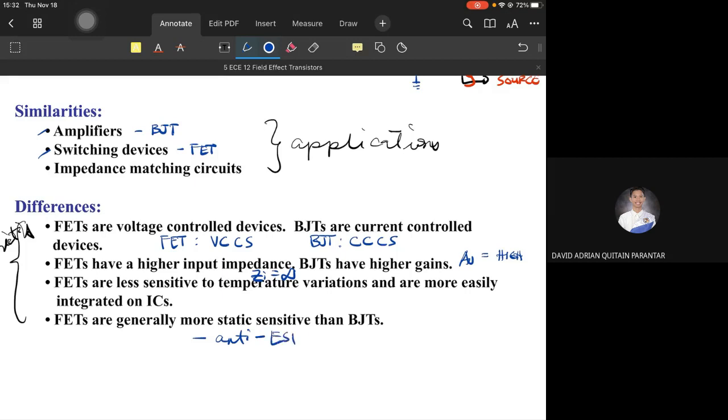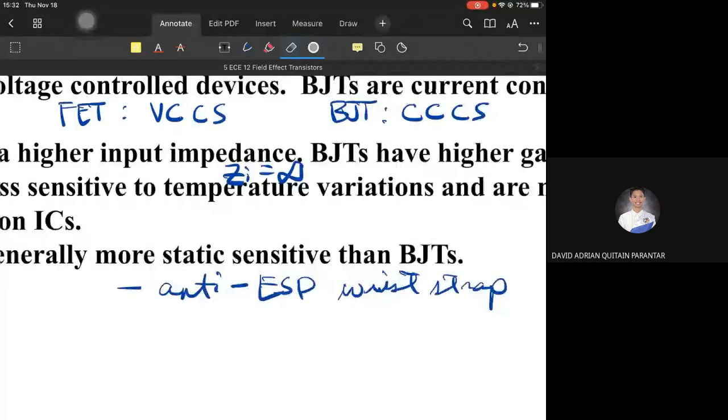Anti-ESD, electrostatic discharge wrist strap. You can just look at a picture on the internet. It's a strap with a connected wire, and this wire should be connected to a sort of ground. So, anti-ESD wrist strap, because FETs are more sensitive to ESD.